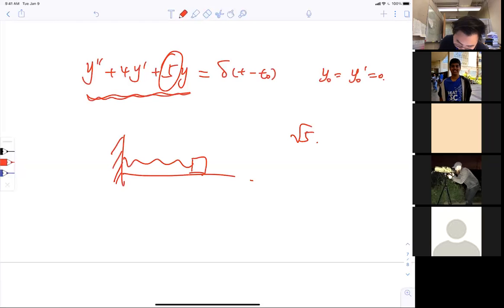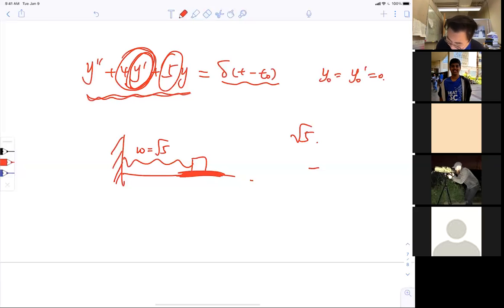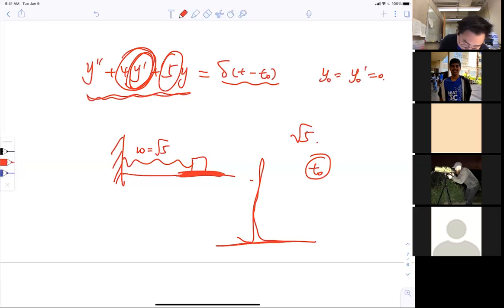Meaning that there's some spring which provides a frequency square root of 5, and this term tells you there's a friction, because it's proportional to your velocity. And this one tells you at t equal to t naught, there's some delta function like force acting on your object, and it asks you something about your position as a function of time, things like that.